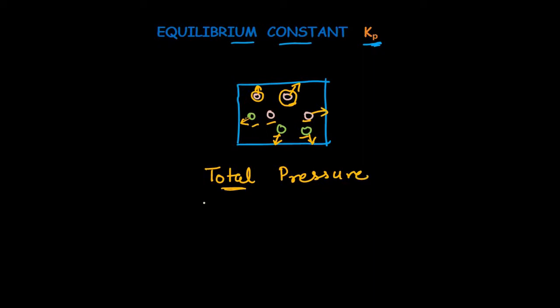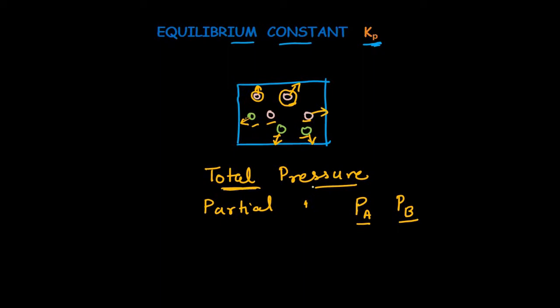Partial pressure is denoted by the symbol P with respect to a particular reactant, say A, and if it is a product, say B, the partial pressure applied by the product will be denoted as shown here.